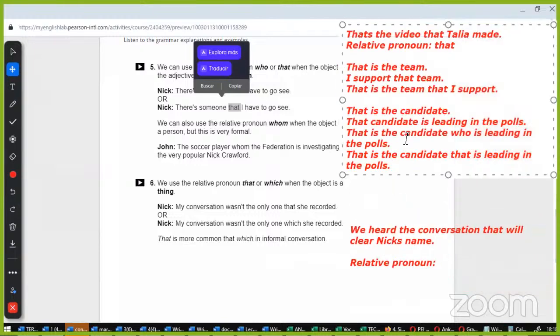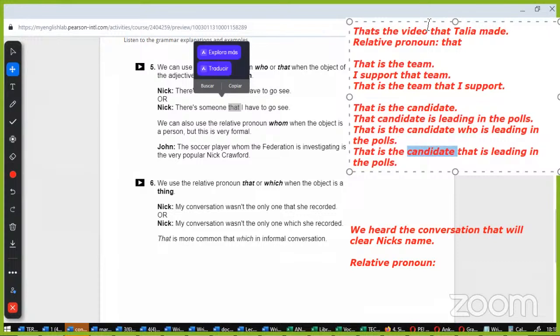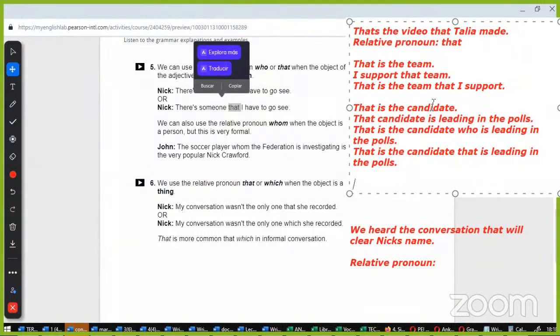These two would work because you're talking about a person here, candidate, who and that. Let me show you something else. I don't know if you've got any questions with who or that, maybe. No, mister. Okay, great.